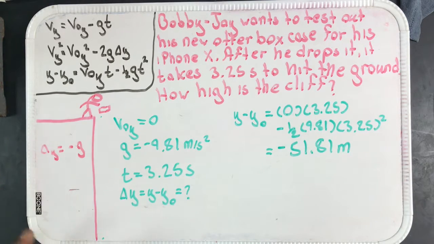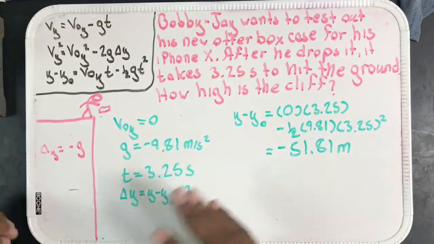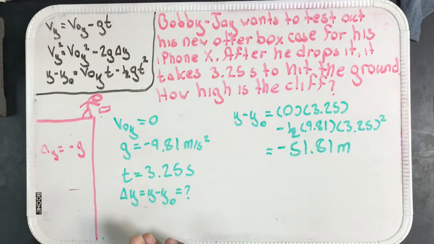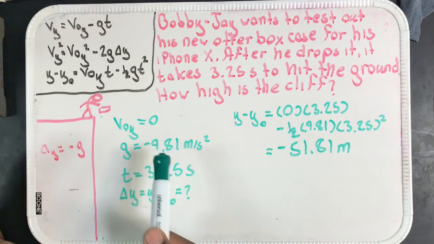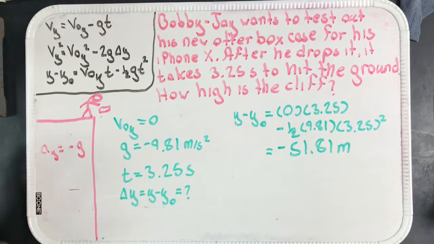So you draw it, you write down everything that you know, okay? And this is the part where you may have to make some fundamental assumptions, such as him dropping it with 0 initial velocity. That simplifies the situation. And you write what you do know, and first of all you try to figure out if there's an easy way to get to what you want, i.e. do you have an equation that has everything you need, okay?